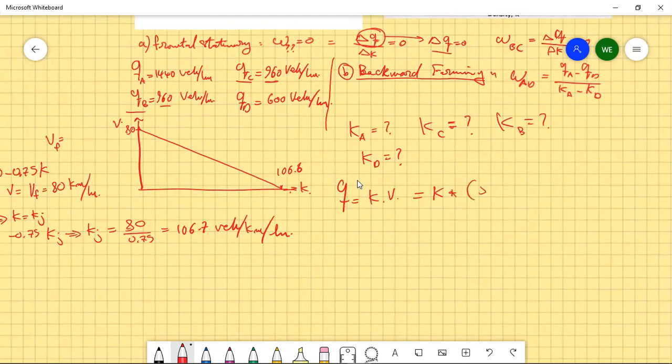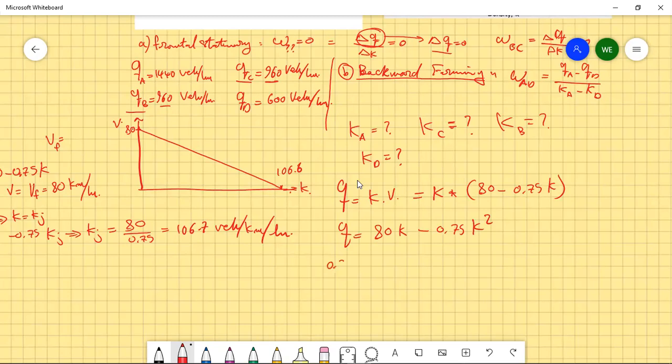The speed is basically 80 minus 0.75 multiply K. So Q equal 80k minus 0.75k square.